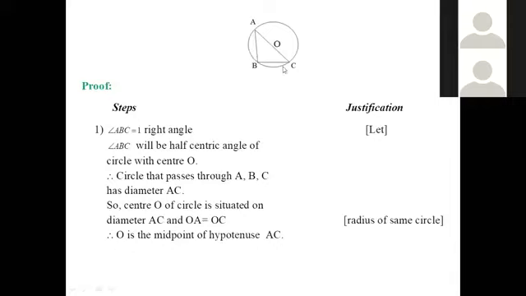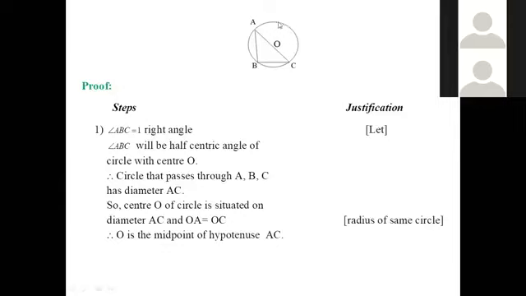Now see the proof. Here angle ABC is equal to 1 right angle. Let ABC be the half centroid angle of a circle with center O, because this hypotenuse passes through the center of this circle, or this circle center touches the midpoint of this hypotenuse.